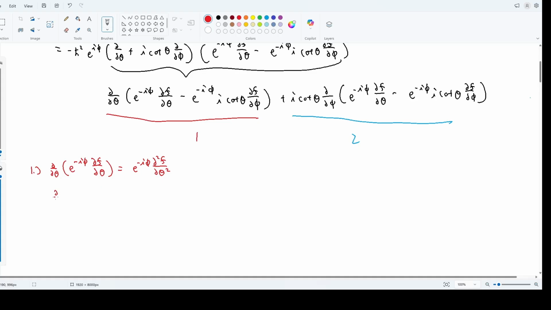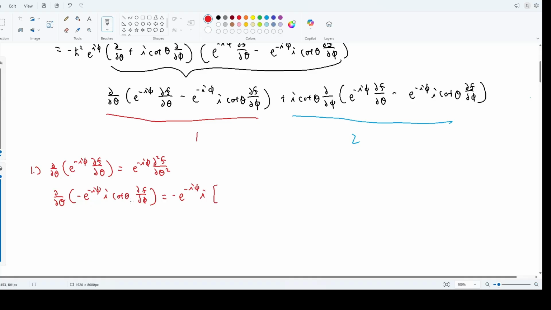And then we have d by d theta of negative e to the negative i phi i cotangent theta df by d phi. The theta isn't going to interact with anything in the front. It's only going to interact with the cotangent theta df by d phi. So that's going to come out as negative e to the negative i phi times i. And then the derivative, here's chain rule.